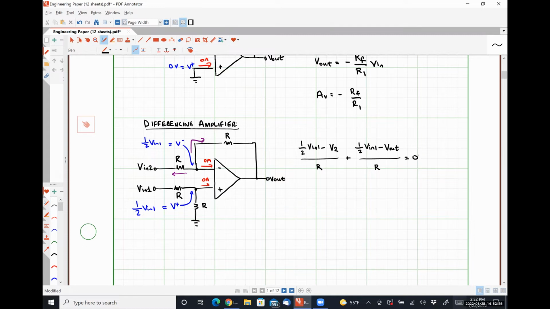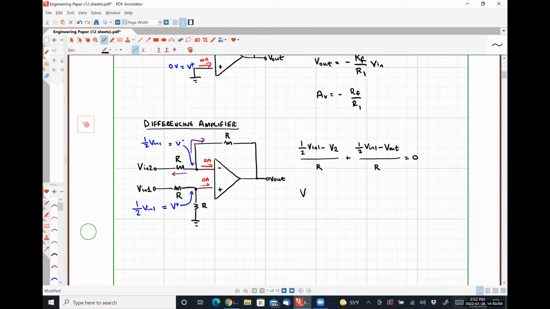And we can obviously then just multiply both sides through by a factor of R. If we multiply both sides through by a factor of R, what we have left is 1/2 VN1 plus another 1/2 VN1 minus V2 is equal to V out.